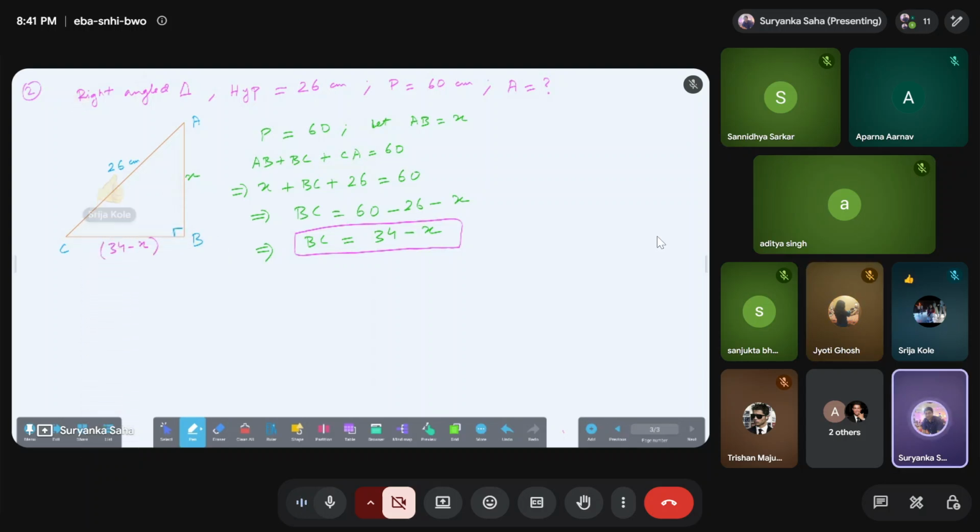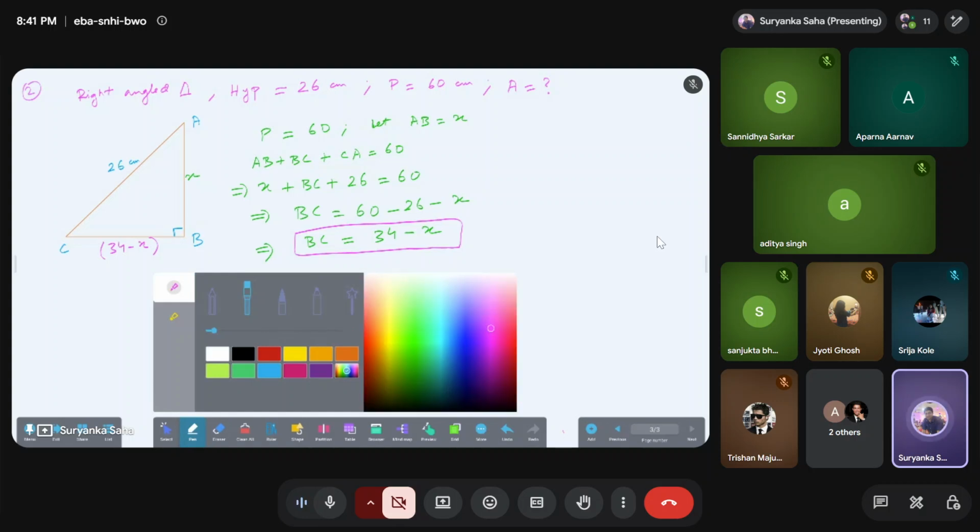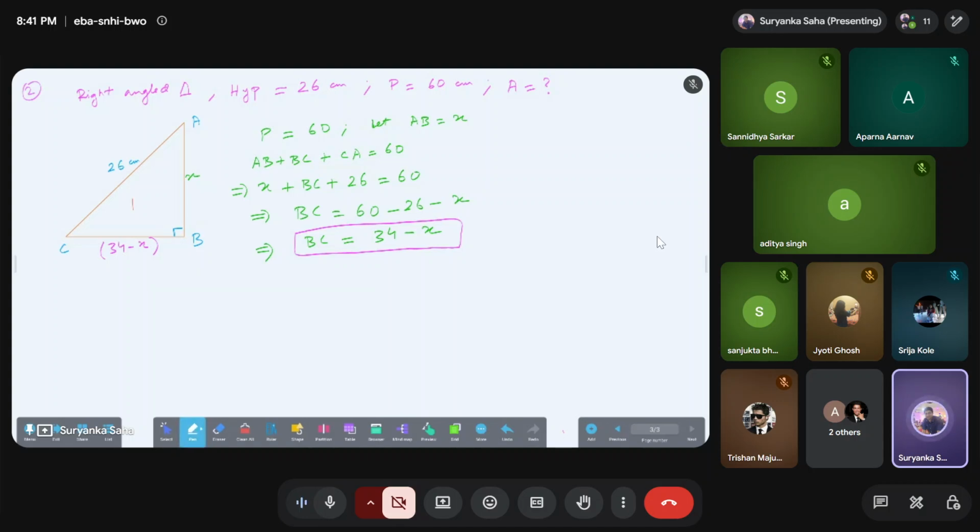Now I will try to find the value of x by applying PT, the Pythagoras theorem, on triangle ABC.